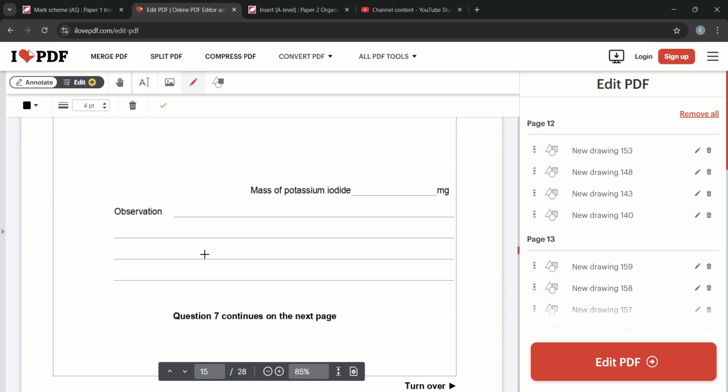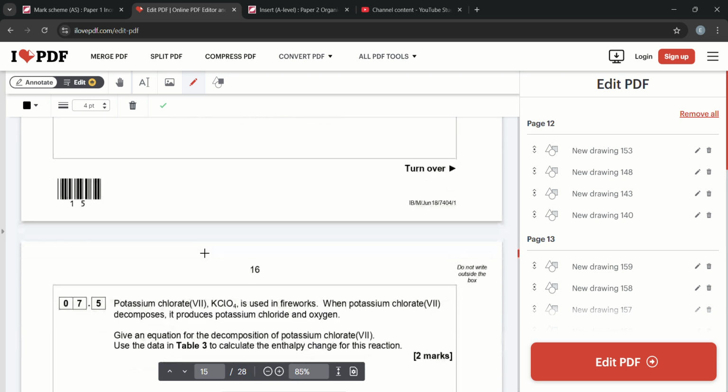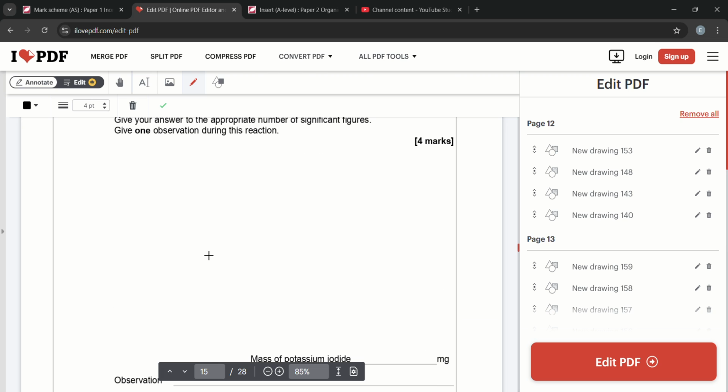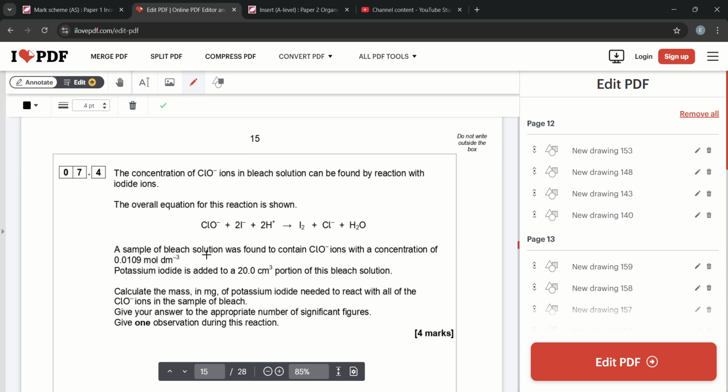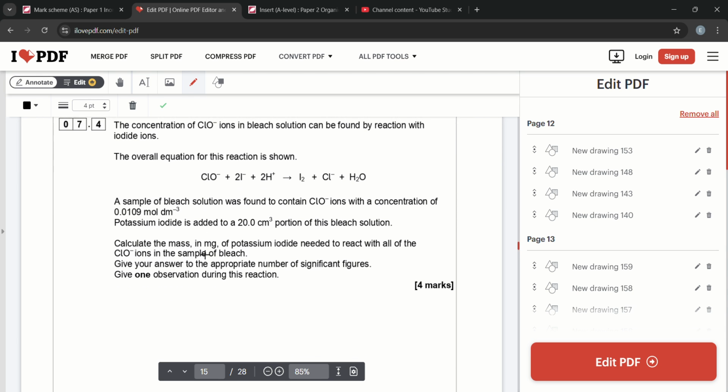And then 7.4. We want to find out the mass of potassium iodide needed to react with all the ClO- ions in a sample of bleach. First things first, what can we find out the moles of?